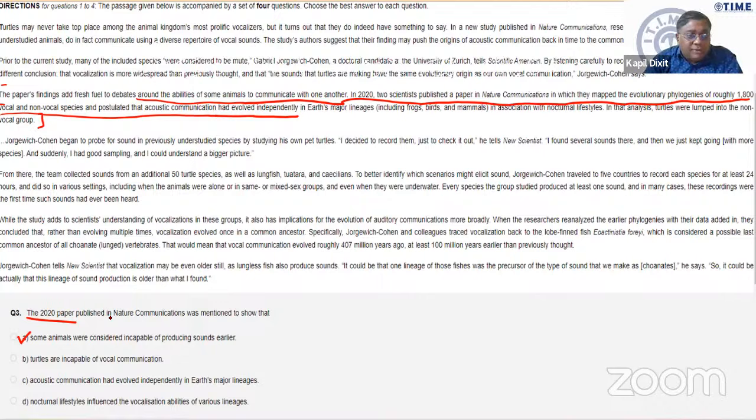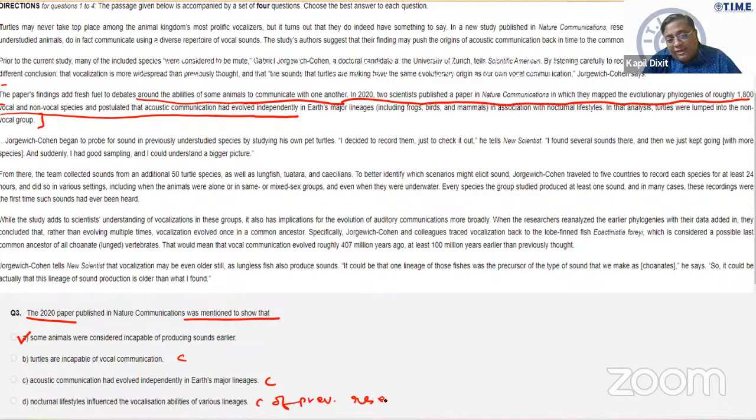The question says the 2020 paper published in Nature Communication was mentioned to show... Acoustic communication had evolved independently. Again a conclusion. Nocturnal lifestyles influence the vocalization abilities of various lineages. This was the conclusion of the previous research.